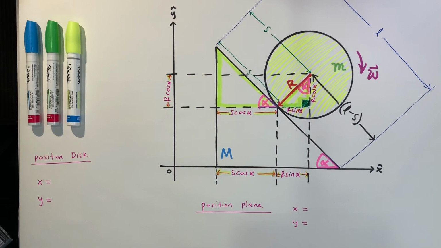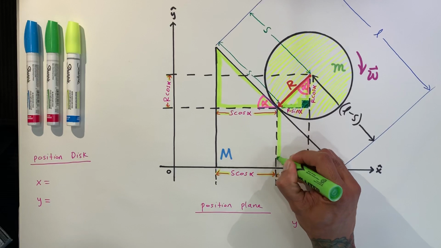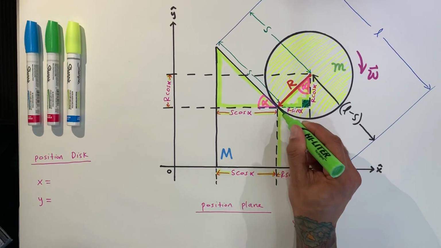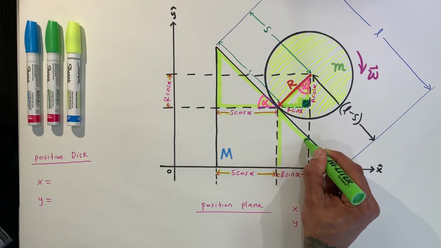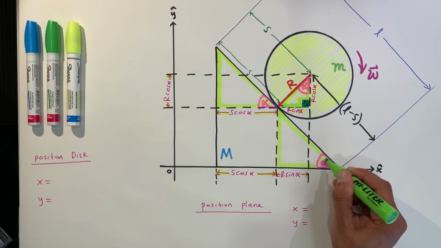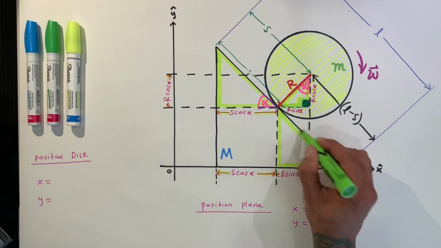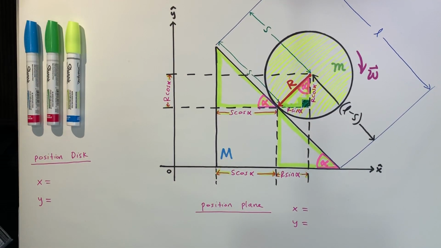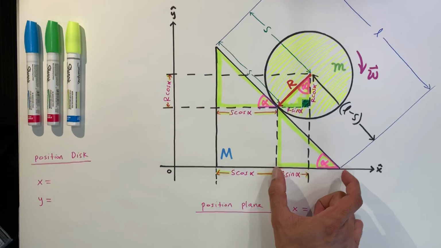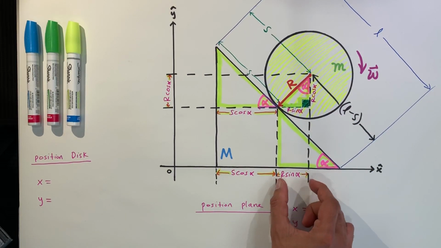Now we're gonna look at another triangle. This one right here. They're tricky to spot out sometimes. So it's good to be a little neat when you're doing coordinate systems, especially with Lagrangians. All right, so you got that triangle there. Now, we don't want this whole side, right? Because we want the center of the hoop. So this side is fine.